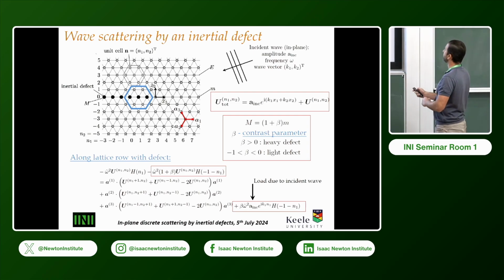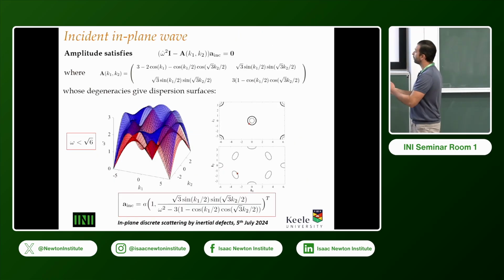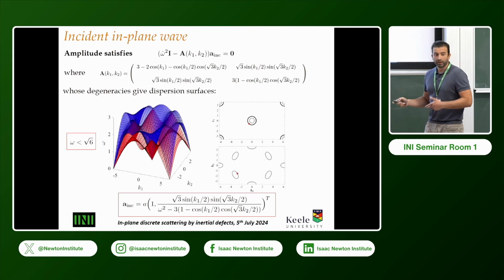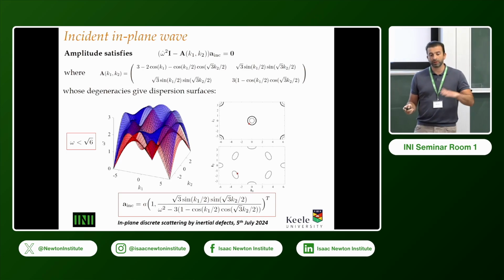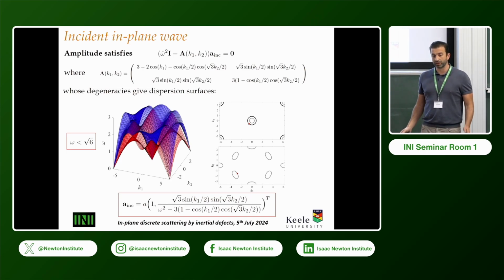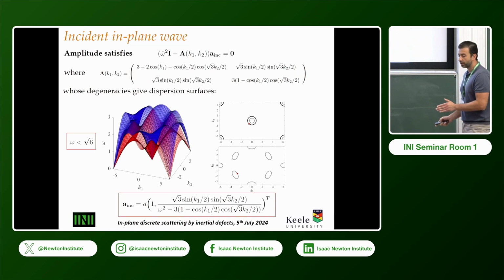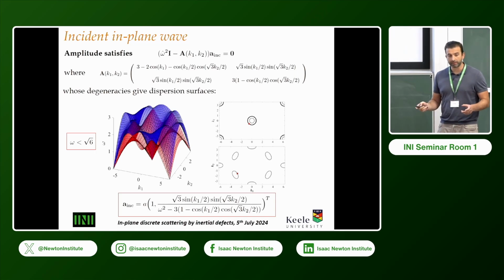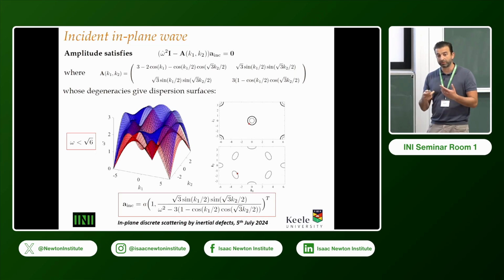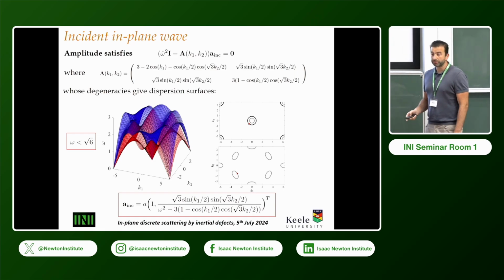Okay. Now, moving on, more about the incident wave. Take that solution, plug it into your governing equations for the nodes outside the defect. You would like this incident wave to satisfy those equations. And this gives you a homogeneous system.